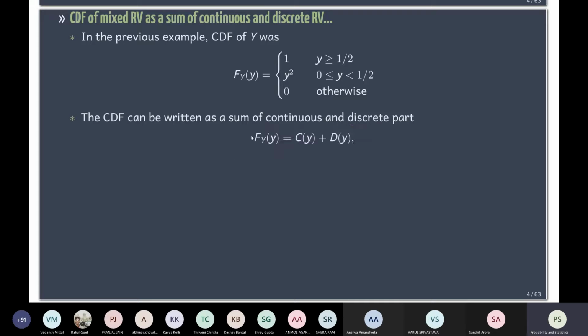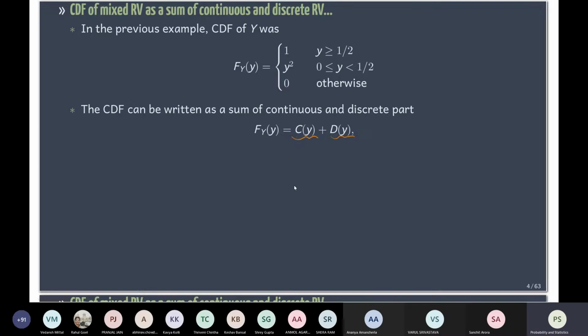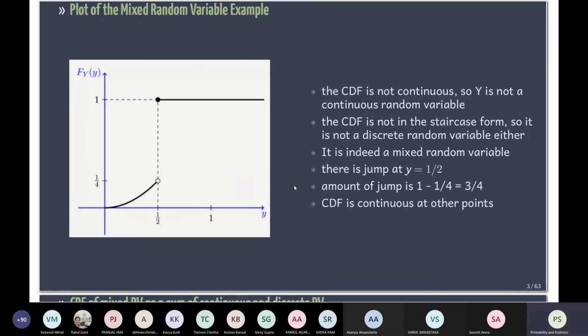Let us see how. I can write this as a continuous part and a discrete part, where the continuous part is written like this. To make it continuous at half, I have to make it 1/4, as we see in the figure.